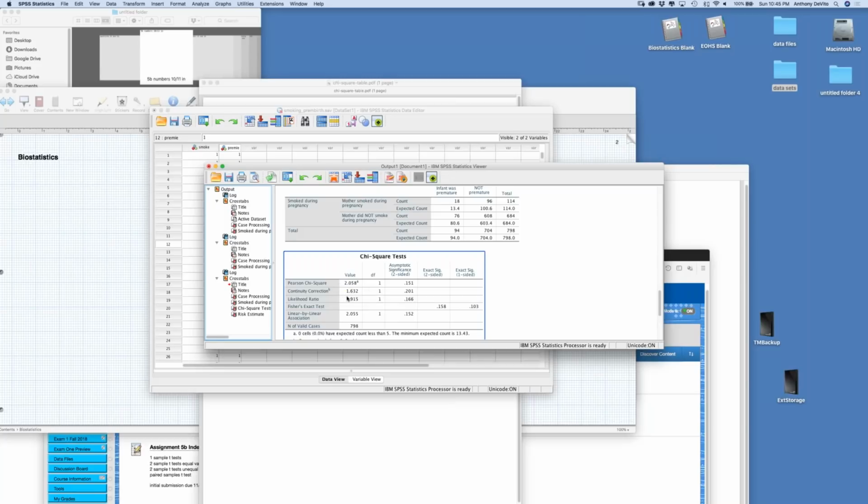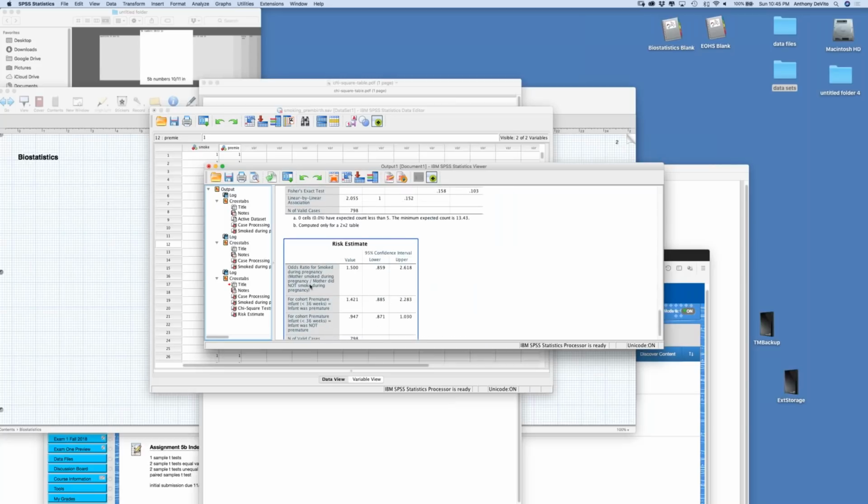How about our odds ratio? If we go down here, our odds ratio is 1.5. It looks like the odds of having a premature baby are 1.5 times greater for women who smoke. But do we have enough evidence of that? Does our 95% confidence interval tell us that we're 95% sure that, even though we calculated 1.5, the true value can't be equal to 1?